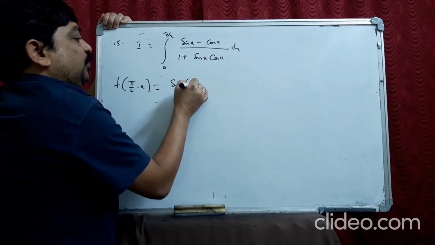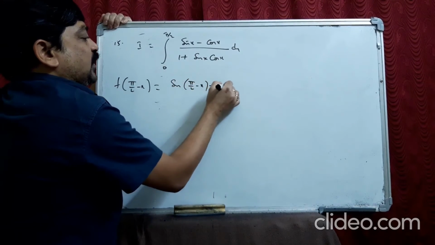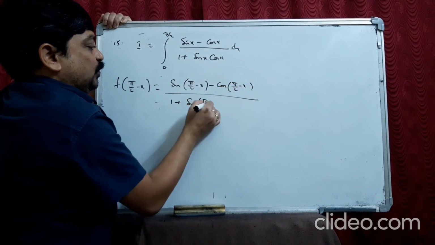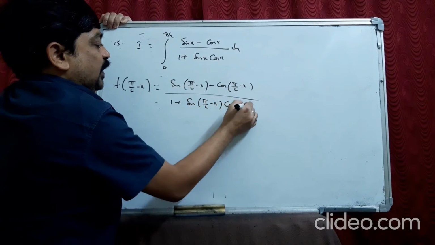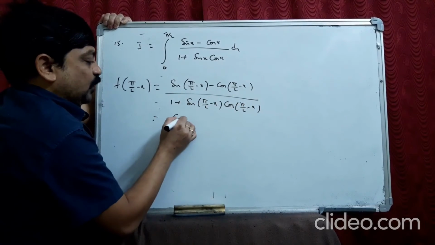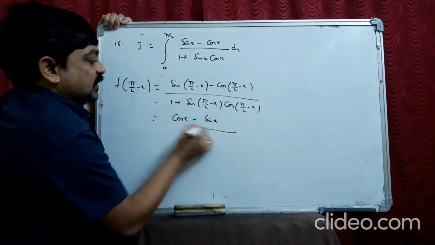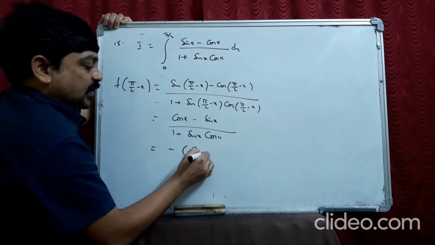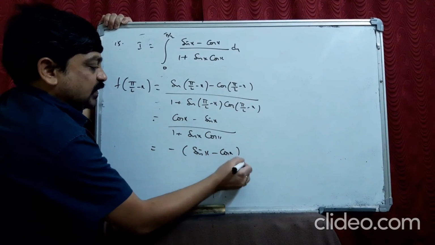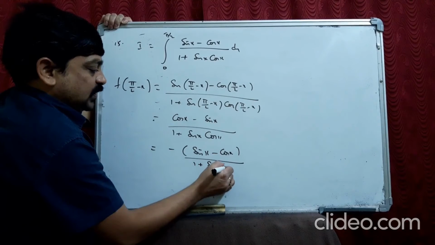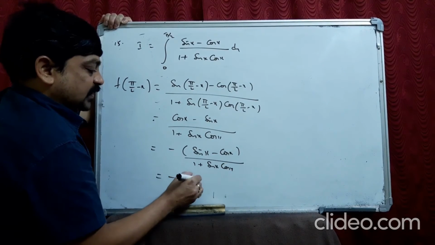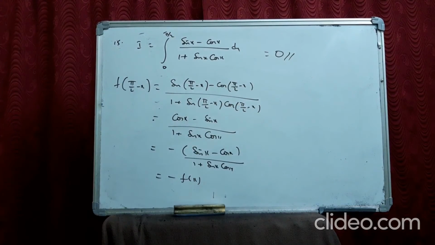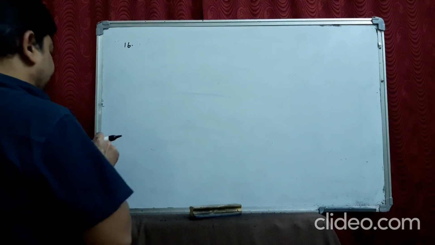So it becomes sin of pi by 2 minus x minus cos of pi by 2 minus x over 1 plus sin pi by 2 minus x into cos of pi by 2 minus x. It becomes cos x minus sin x by 1 plus sin x cos x. If I take minus common, it becomes sin x minus cos x by 1 plus sin x cos x. So it is minus f x, so it is an odd function. The answer is 0.